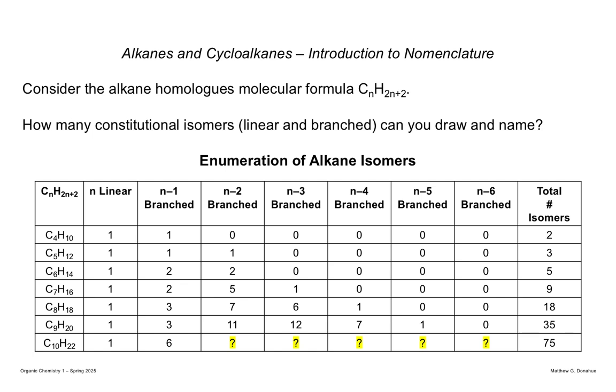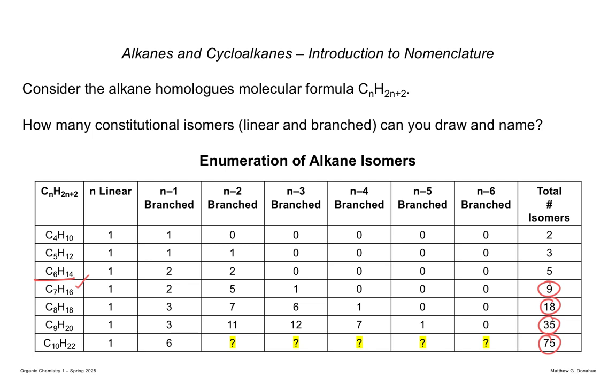So we did up to C6. If you want to practice, you can practice the nomenclature doing C7. When you get up to 8 and 9, there's a lot, right? So C7 has 9 total isomers. 8 has 18, 9 has 35, and 10 has 75.